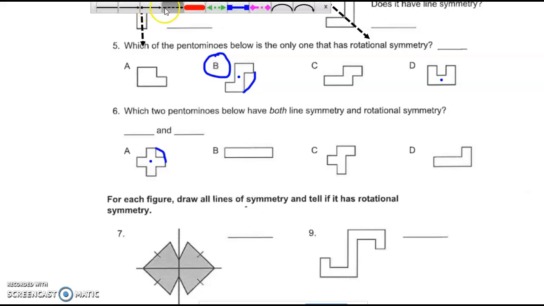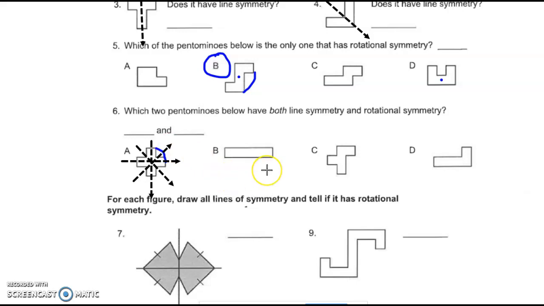How many line symmetries does that have? A lot. We've got 1, 2, 3, 4. Any others than that? Okay. You weren't asked to find those, but I just wanted to for curiosity's sake.